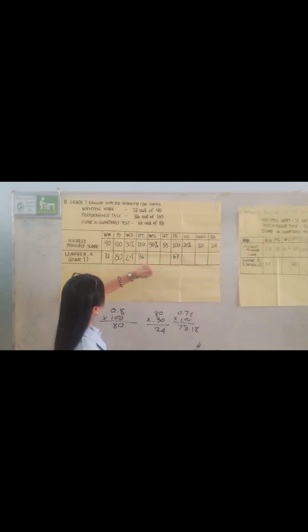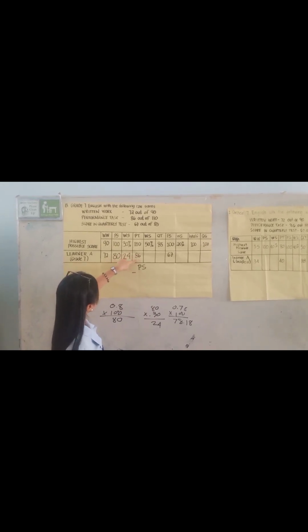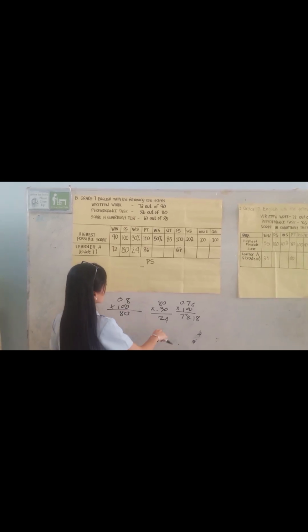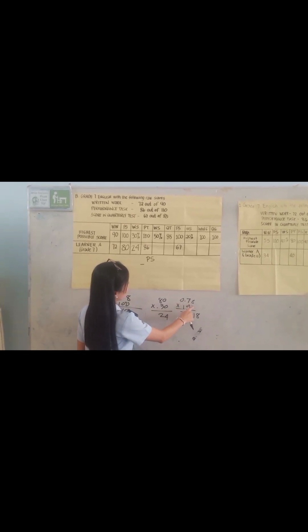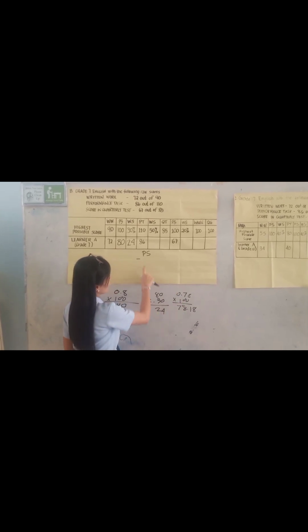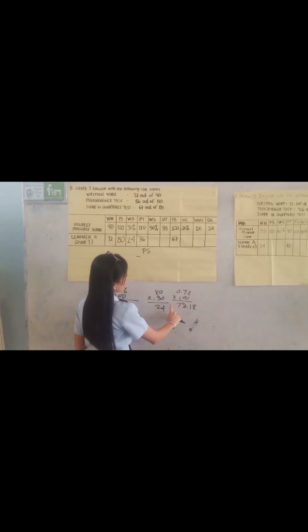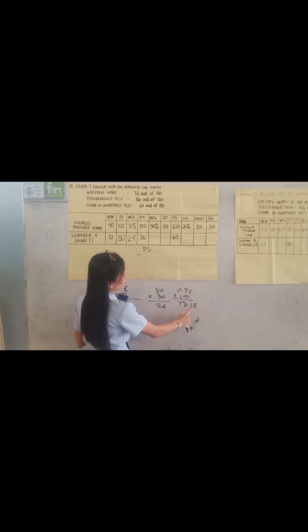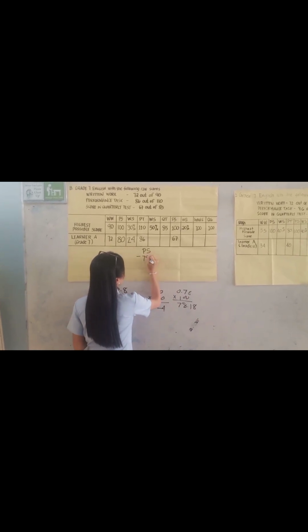So let's proceed to the performance task, which is 86 out of 110. We're going to divide 86 by 110, which is equal to 0.78. We multiply by 100 in order to get the percentage score. So the percentage score is 78.18.